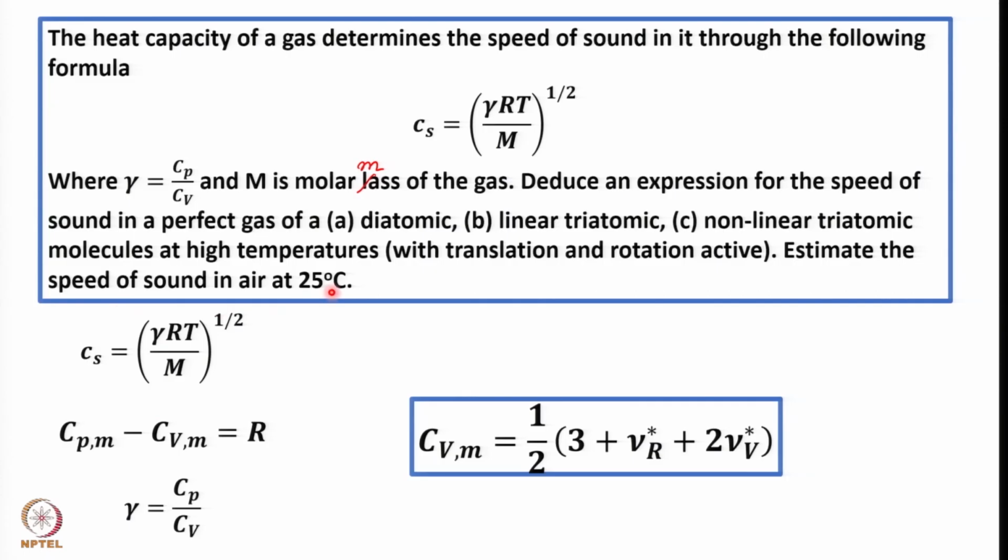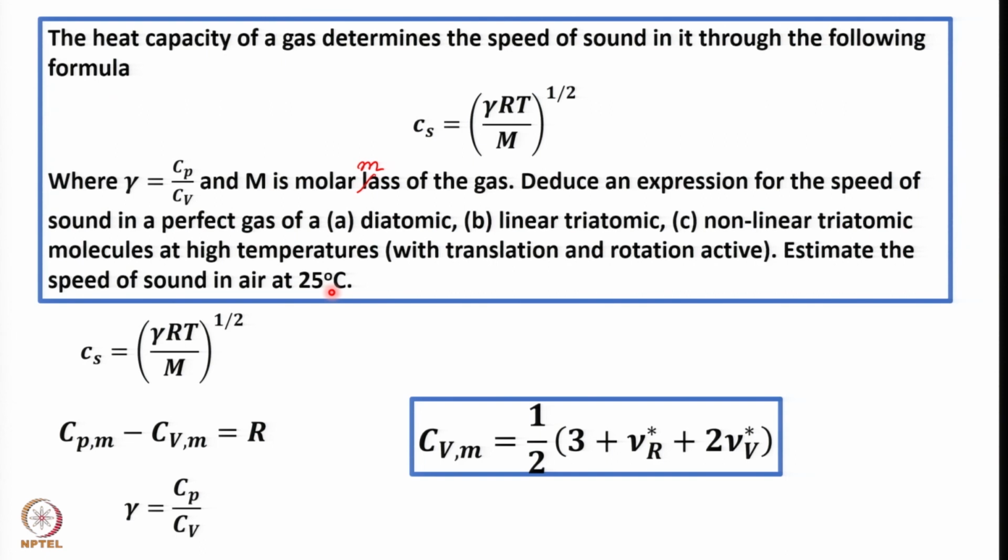Let us first of all try to understand the question. According to the given question, the speed of sound depends upon the heat capacity of a gas. That means you are talking about the speed of sound when it travels through a gas.